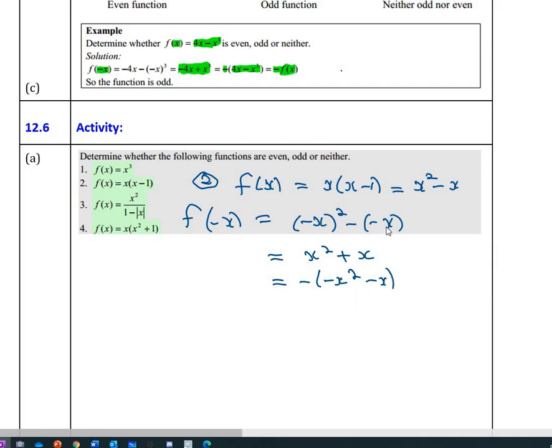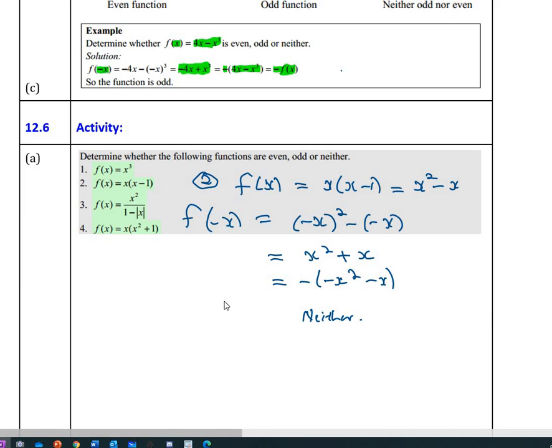But that is also not negative the original, because I should have had positive x squared here. So this is not even, this is not odd, this is neither. So this function is not even, and it's also not odd. It is neither of the two.